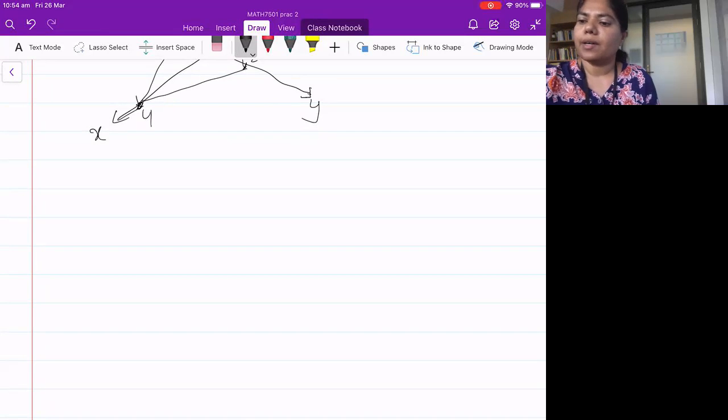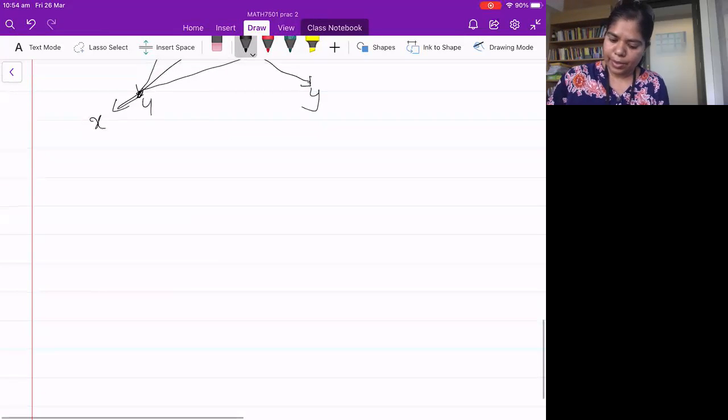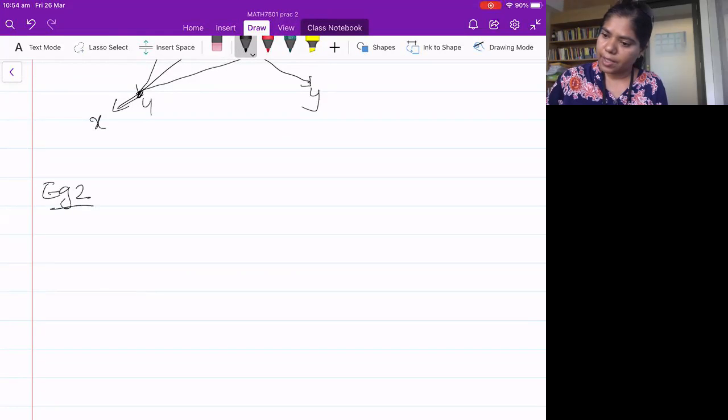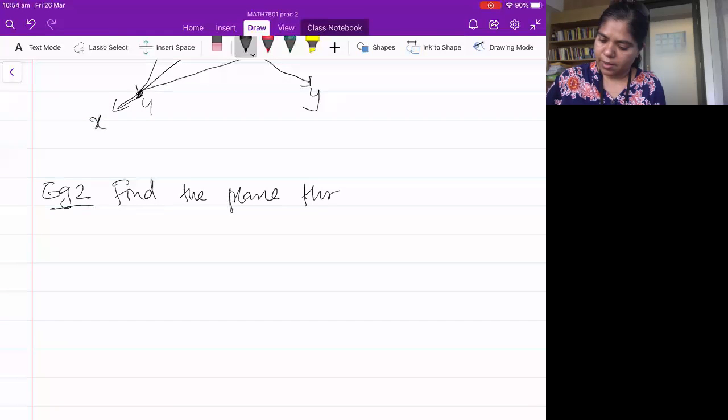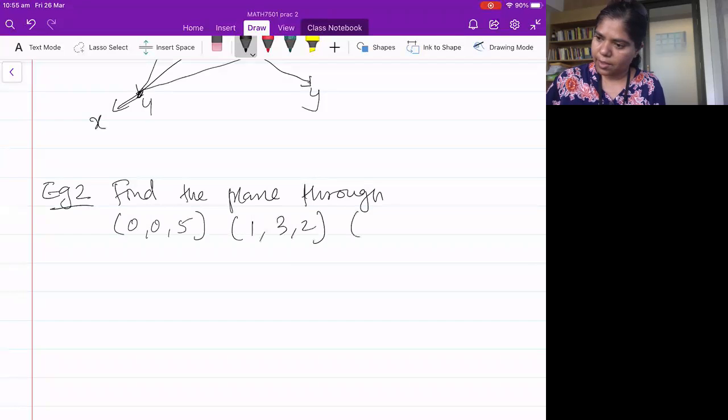The other question, example 2, is to find the plane through the points 0, 0, 5, 1, 3, 2, and 0, 1, 1.